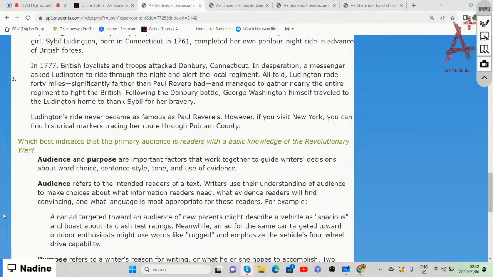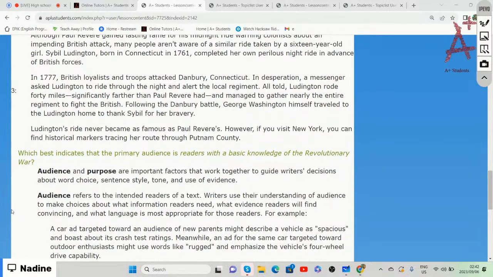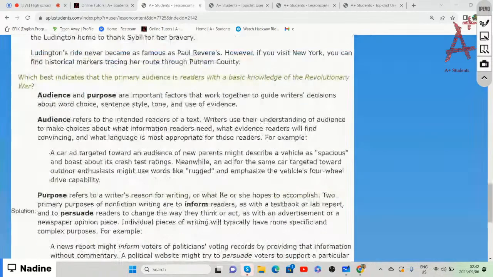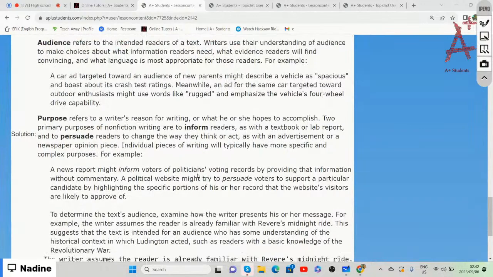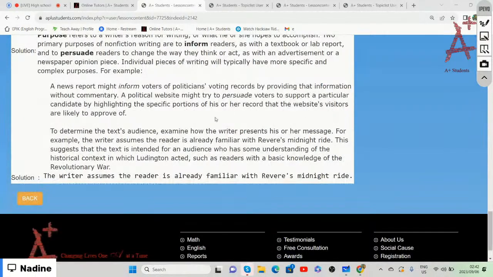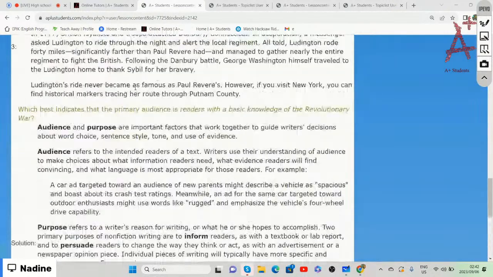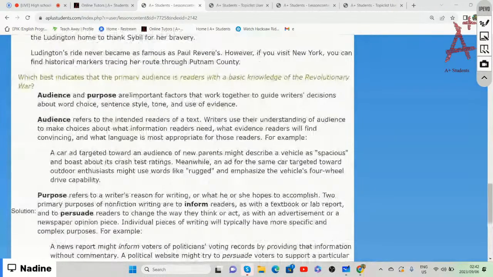In this case, of the Paul Revere and Sybil Luddington case, the intended readers of this text are probably somebody who has basic knowledge of the Revolutionary War, right? And then the purpose of this text is maybe for them to gain more information about whatever happened many years ago, within the 1700s.